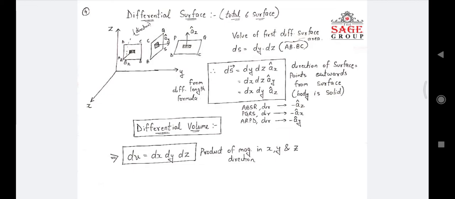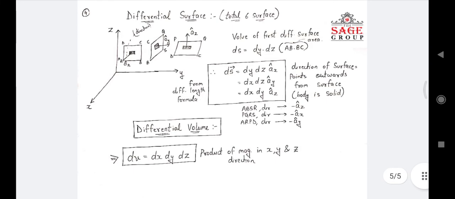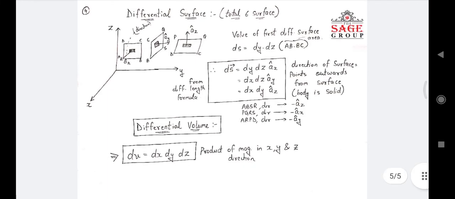So if we talk about the front portion ABCD, what will be the direction of the surface? The direction will be perpendicular, so it will come out of your copy, or I can say right now it will come out from your screen. If we talk about the top surface, the direction will be the top perpendicular, that is, it will be taken out from the topmost part of the surface.